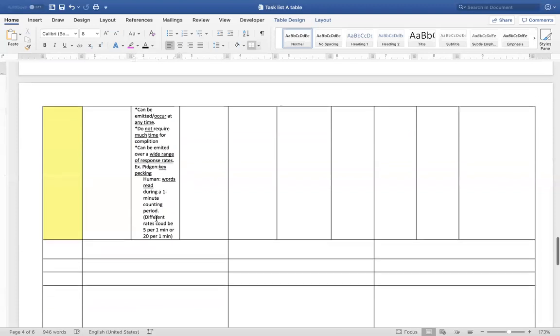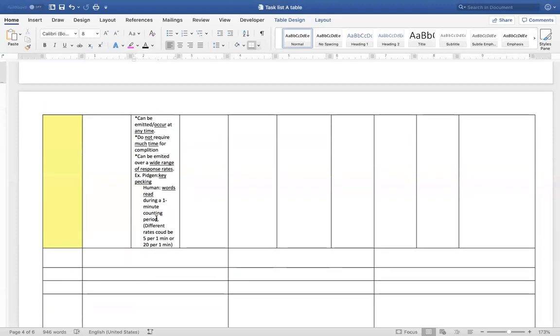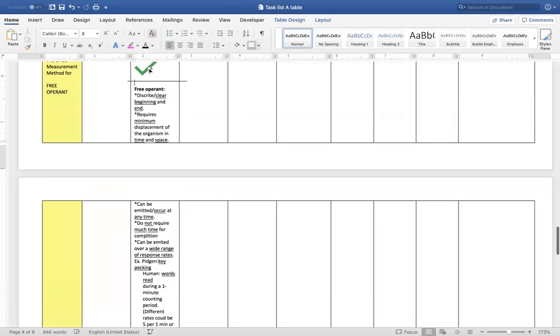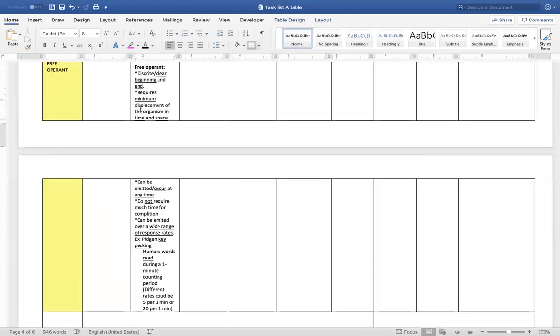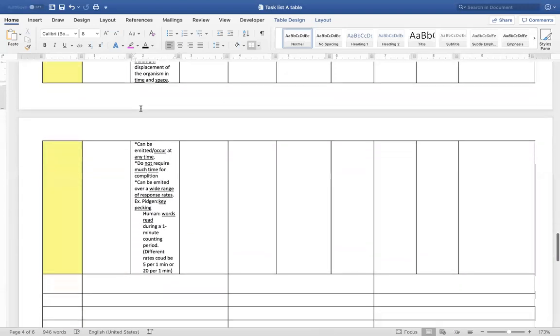So reading a word is fast in time, right? So that covers that part. It has a clear beginning and a clear end, and it can be in a wide range of response rates.